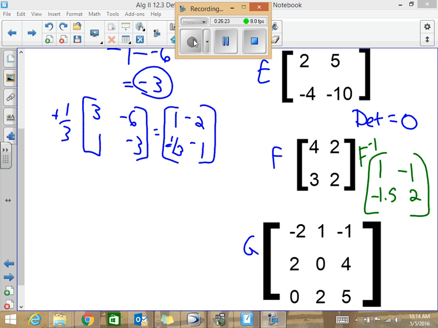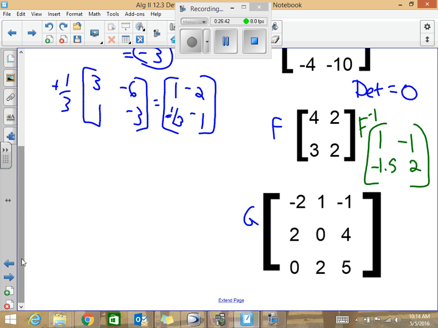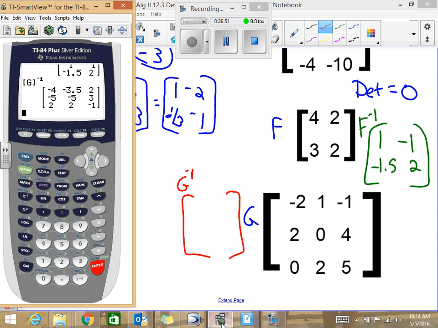If I want to find the inverse of G, again, I go into matrix world, pull G, hit inverse, hit enter, and that's the inverse of G. So I can write it like this, G to the negative 1, and it is negative 4, negative 3.5, and 2.